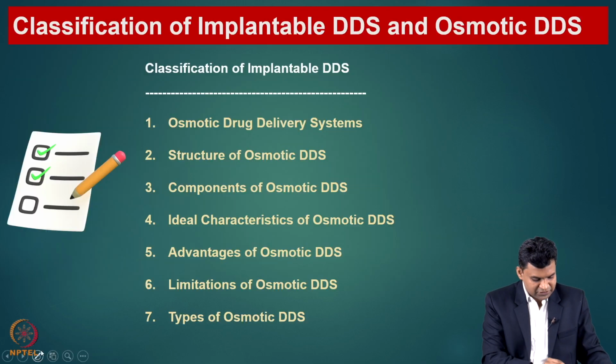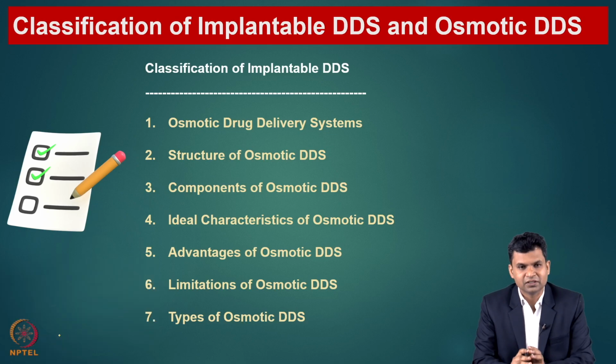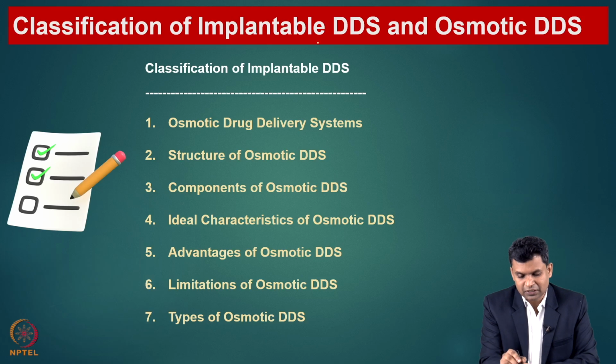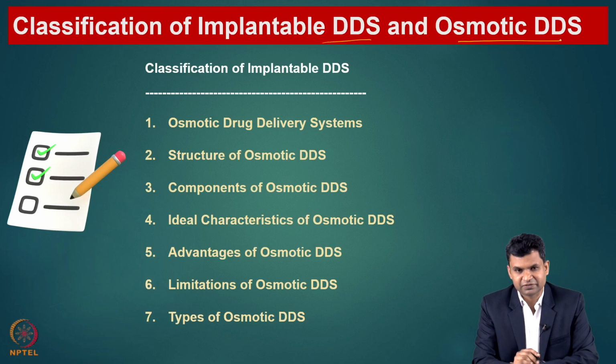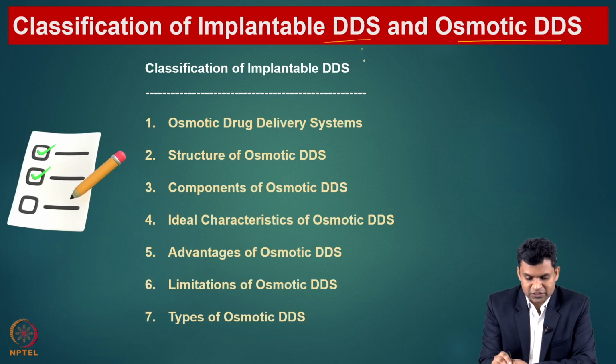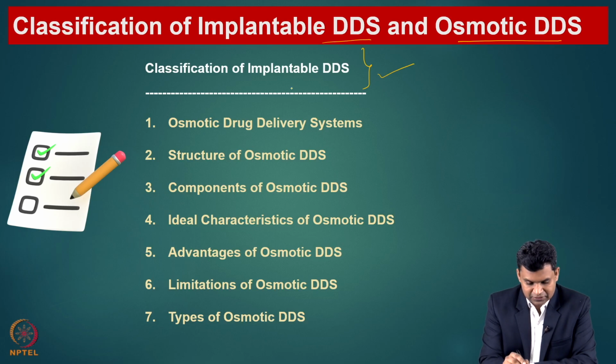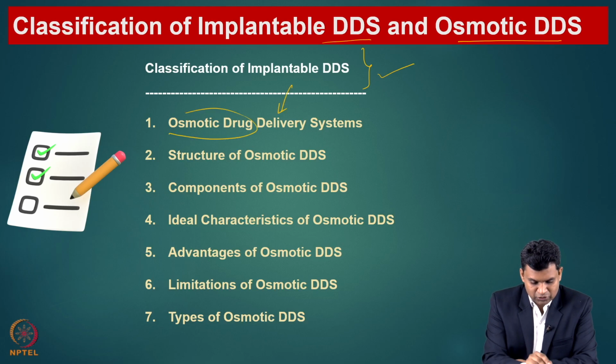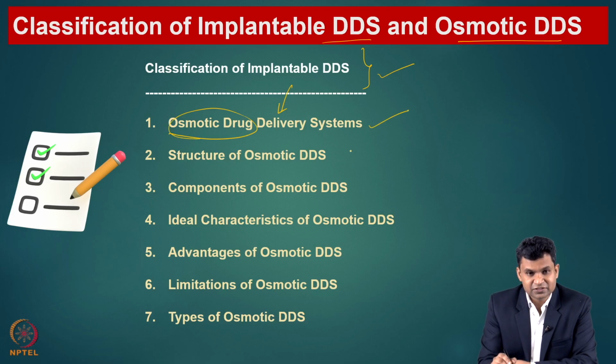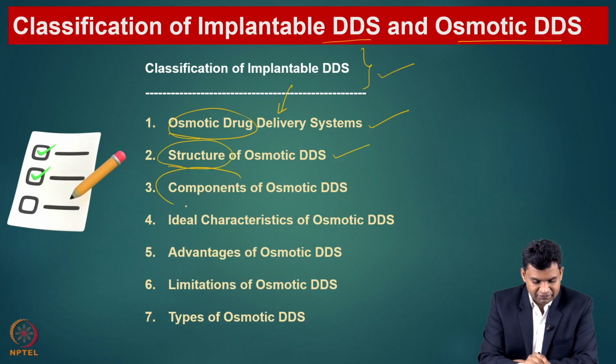So, today we are going to discuss some new topics: the classification of implantable drug delivery systems, and also the osmotic drug delivery systems. In continuation of the previous topic, we will first discuss the types of implantable drug delivery system, and in that we will see what osmotic drug delivery systems are, their structure, and the components available.